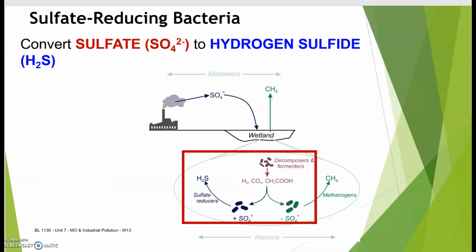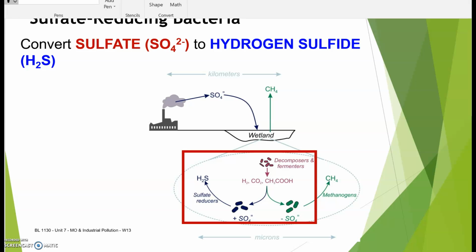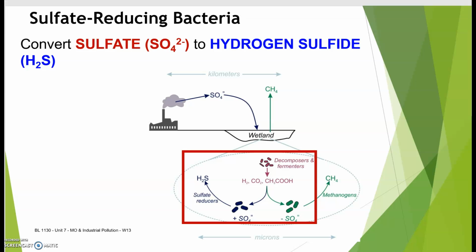So here's a look at what these sulfate-reducing bacteria do. Like I said, they'll take the SO4, which can be released into the atmosphere from industry, but it can also be released from other means as well. And when that falls into a wetland, for example, where we have these bacteria living in muds and sediments, those bacteria will take that sulfate.